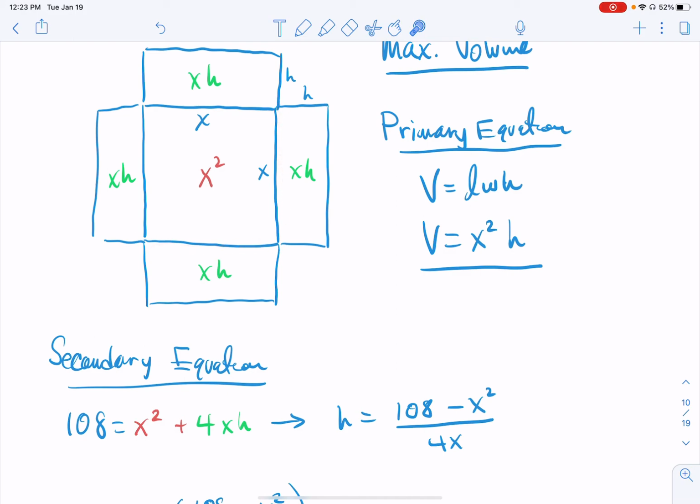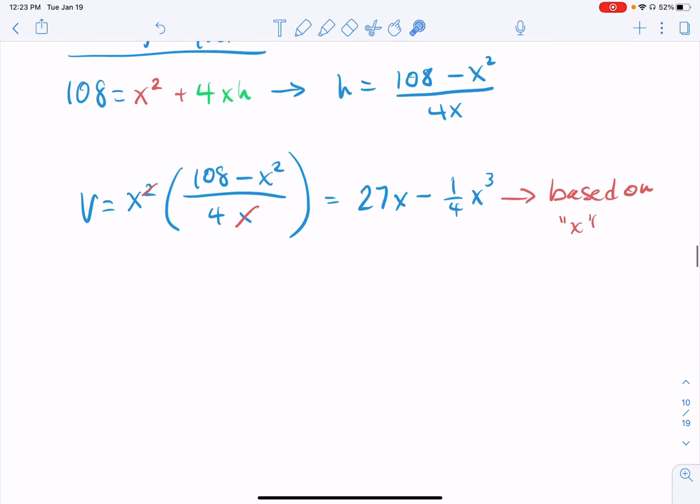So let's think about what the smallest it can be and what the biggest it can possibly be. The smallest would happen when you don't have a box. That's x equal to 0. Now it can't actually equal 0. It's got to be bigger than that, of course, so we're going to make that an inequality.